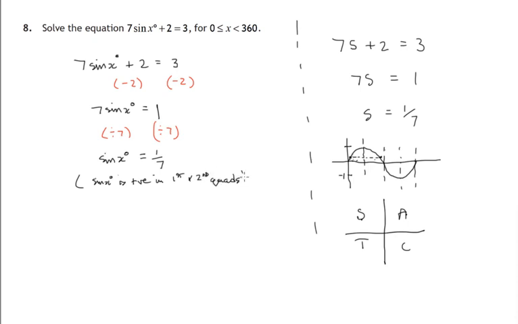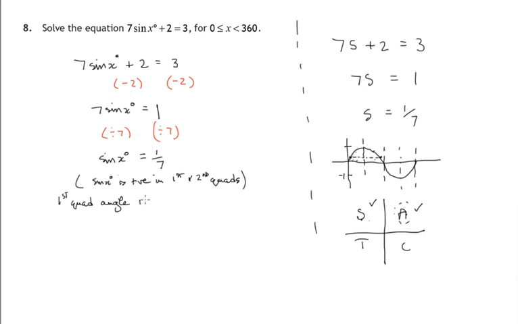That's what these two different ways of doing it tell us. There's the sine graph where it's positive above the x-axis, positive values only in the first and second quadrants. Or in this diagram, sine's positive in here and the sine's also positive in here. So let's find the first quadrant angle. And then we can bother about how on earth we find the second quadrant angle in a wee minute.